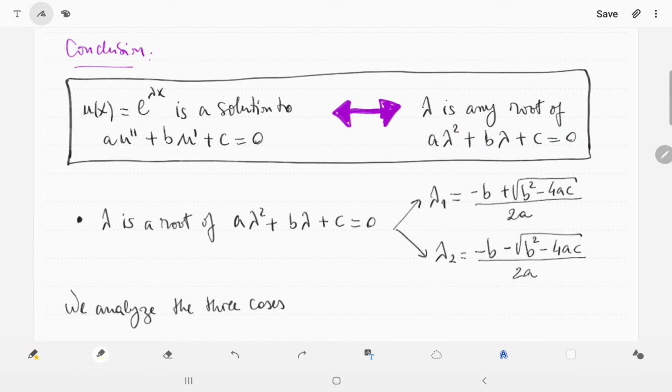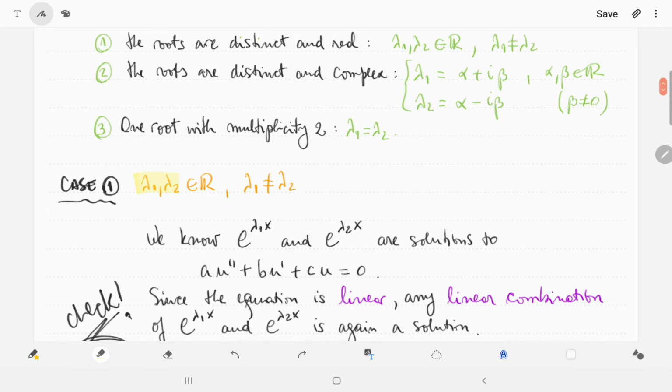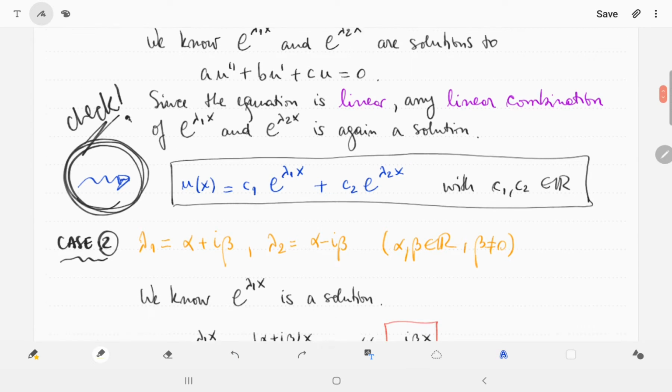And you know that if your characteristic equation has two different real roots, then you automatically know that the general solution has this form: a linear combination of these two exponentials.